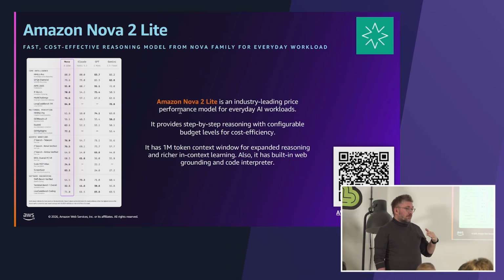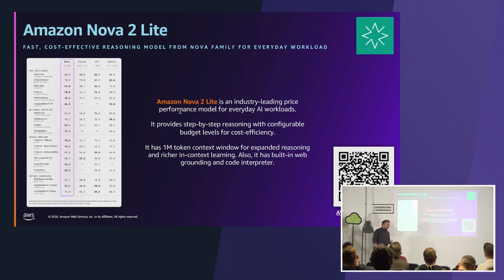It's a reasoning model. It has different configurable budget levels, so it's low-level thinking, middle, and high-level, depending on your budget. Again, that's for daily tasks, or at least we recommend using it for that.